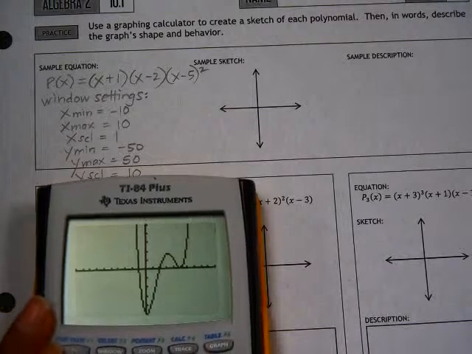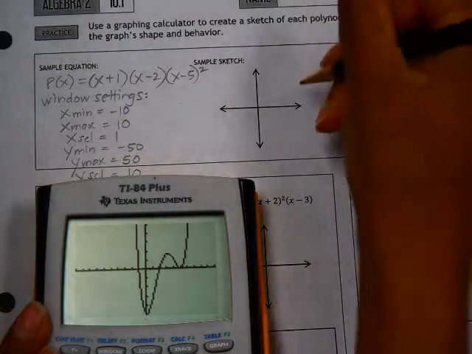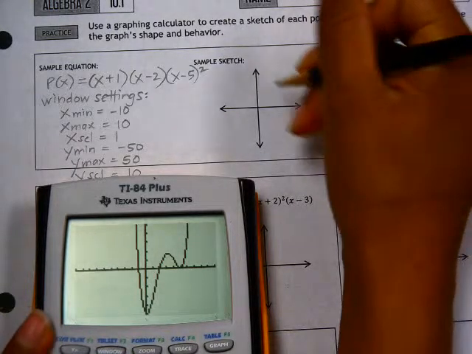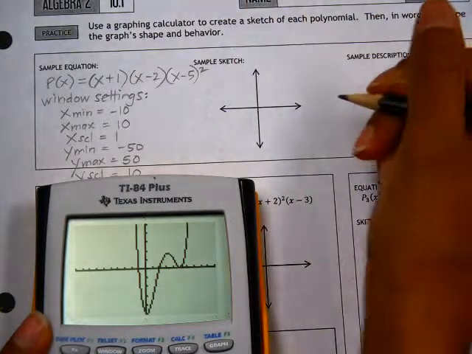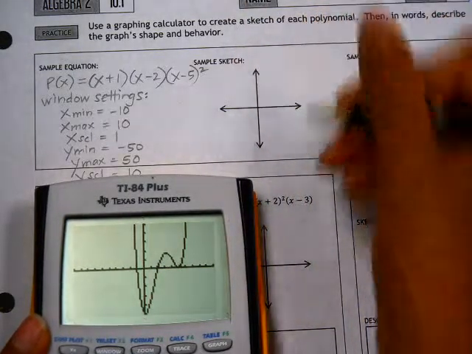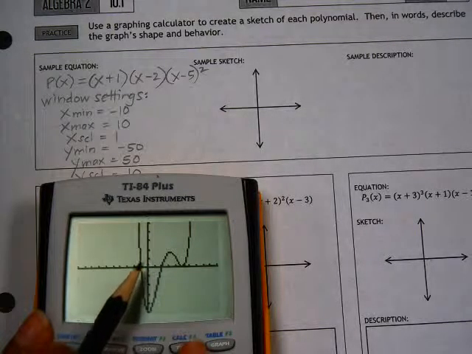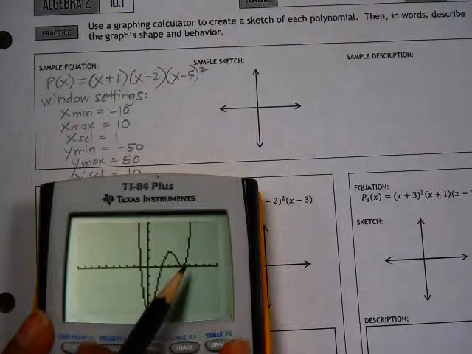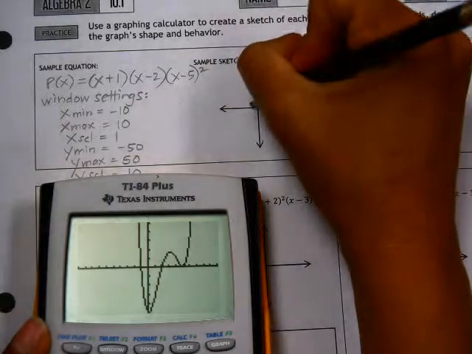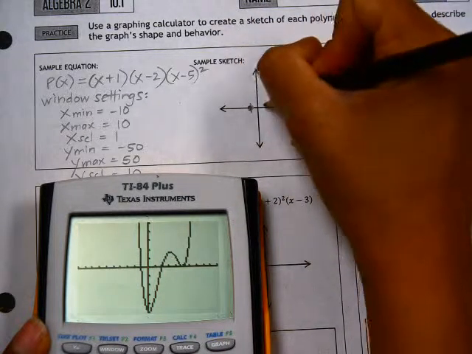And on your paper today, we're going to look closely at the x values, but don't worry too much about the y values. So we're going to look at the x-intercepts specifically and plot them on the paper. So we can see that this graph intersects the x-axis at -1, +2, and +5. So those are the only points I'm going to plot.